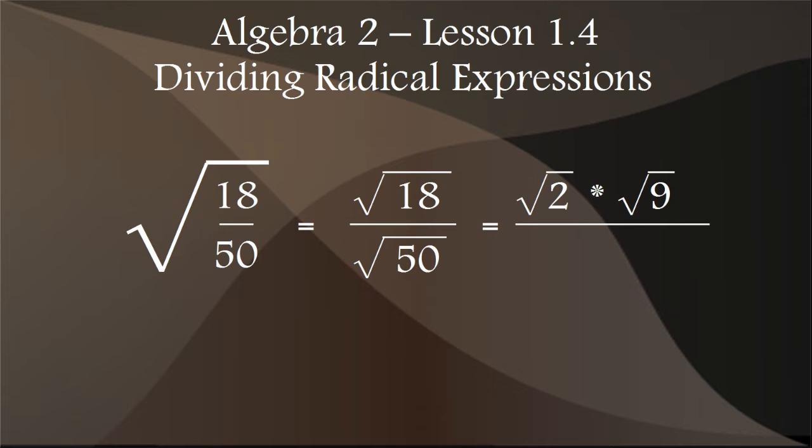Here we have the square root of 2 times the square root of 9, because 2 times 9 is 18. And we can do the same with the 50. Square root of 50 can turn into the square root of 2 times the square root of 25. These two root 2's will cancel themselves out, and we're left with just root 9 over root 25, both of which are convenient perfect squares, so we end up with 3 over 5.